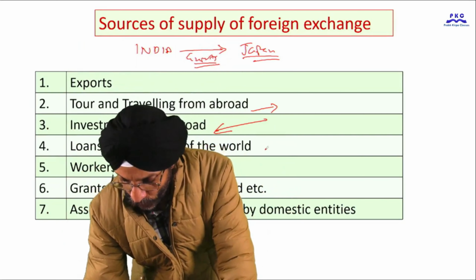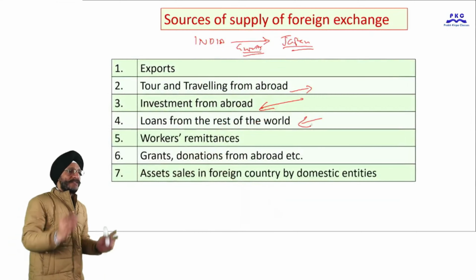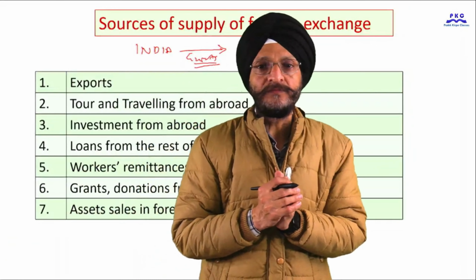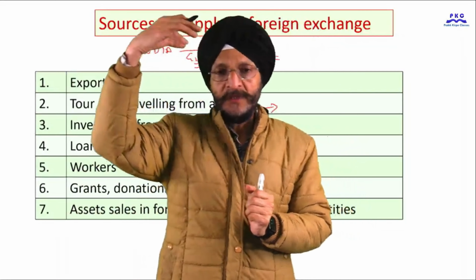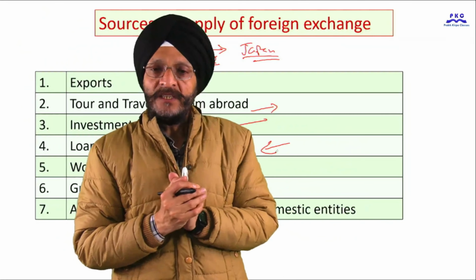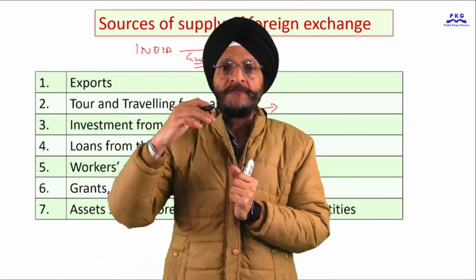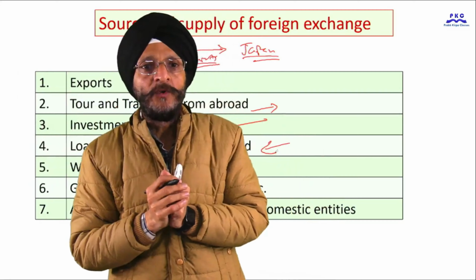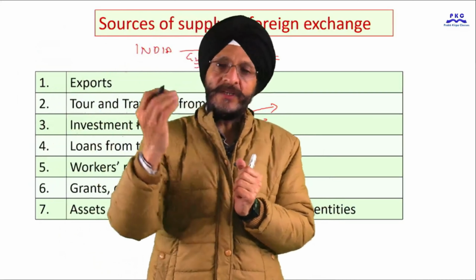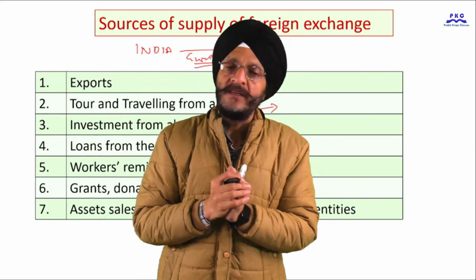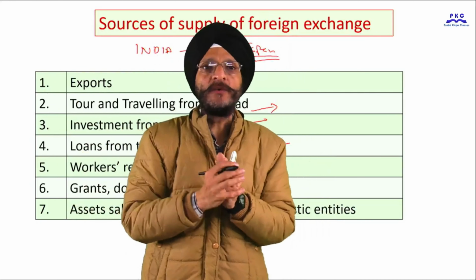When we get loans from the rest of the world, that is, from foreign governments or foreign banks, the foreign currency or foreign exchange comes into our country; there is supply of foreign exchange.